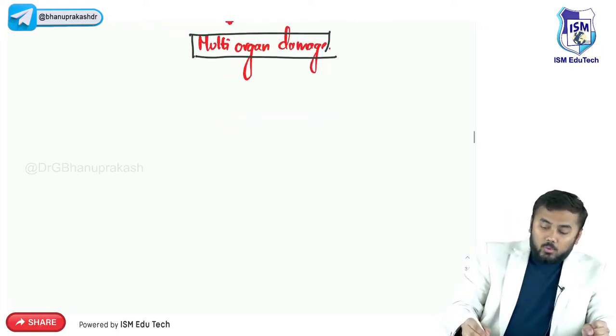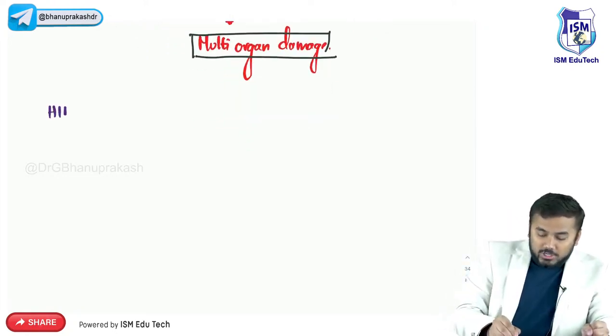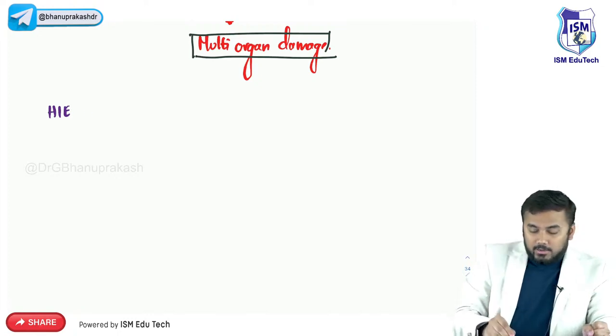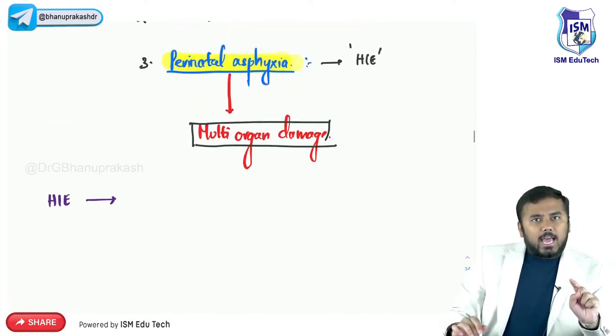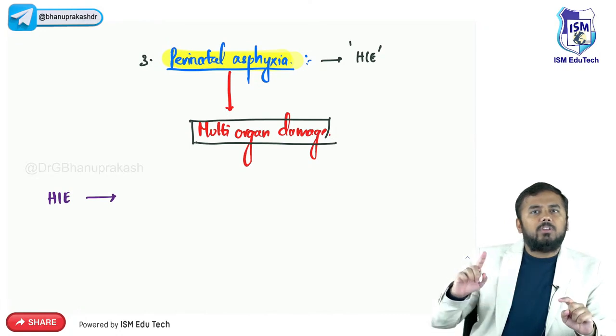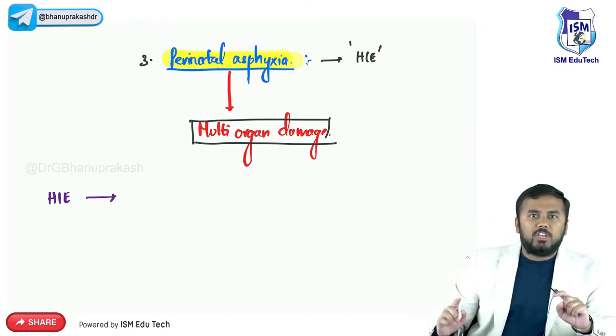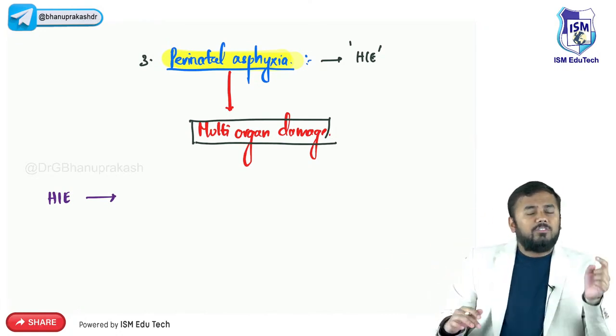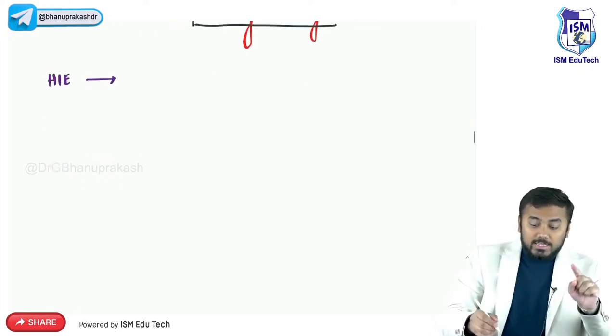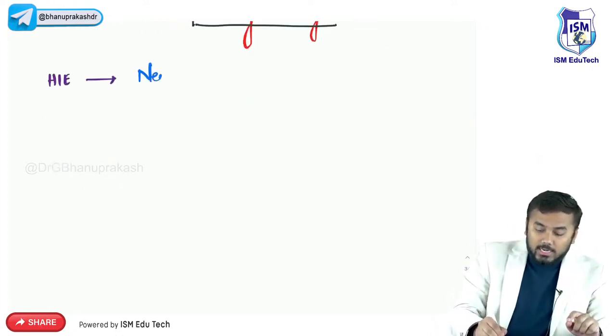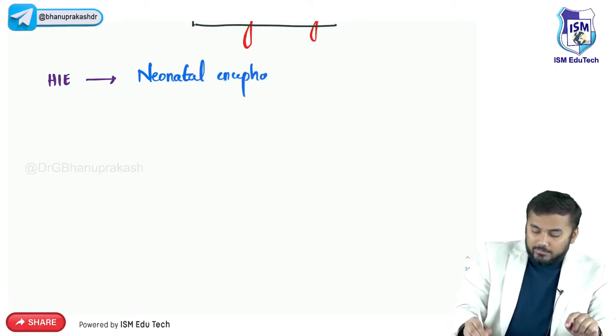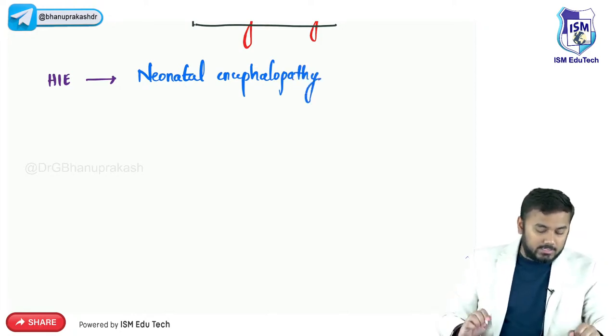Now, hypoxic ischemic encephalopathy, HIE, right? So can I tell like this, that hypoxic ischemic encephalopathy will cause damage to the brain of the neonate? Yes or no? If it will cause damage to the brain of the neonate, that condition you call neonatal encephalopathy.